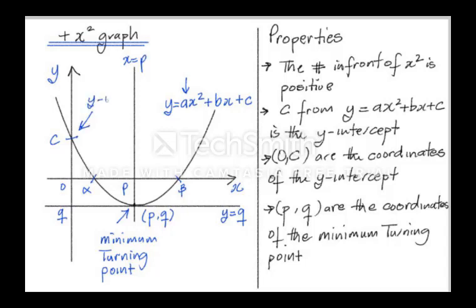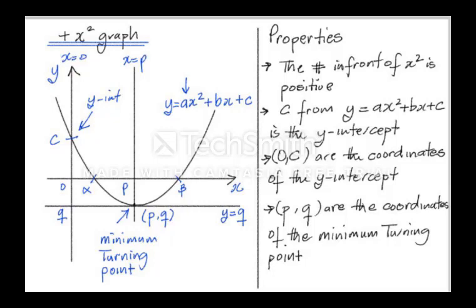The y-intercept is the value of y where the graph cuts the y-axis, and that is represented by c. The y-axis is the line x is equal to 0. So the x value is 0, the y value is c. 0, c are the coordinates of the y-intercept.